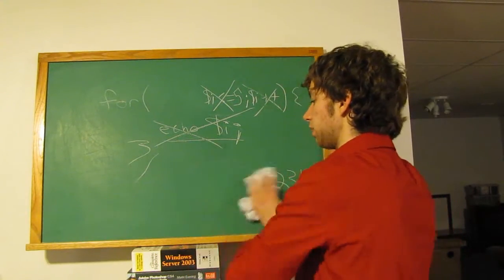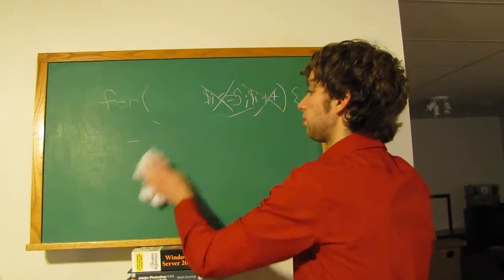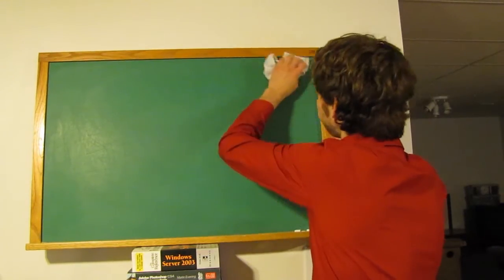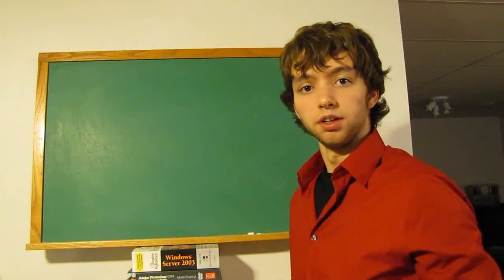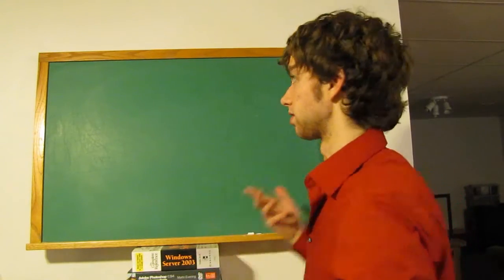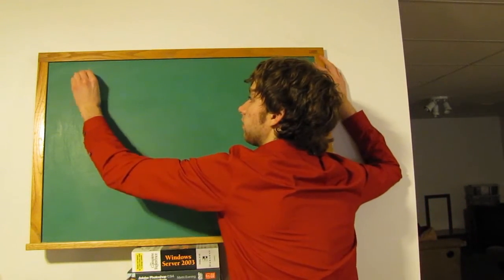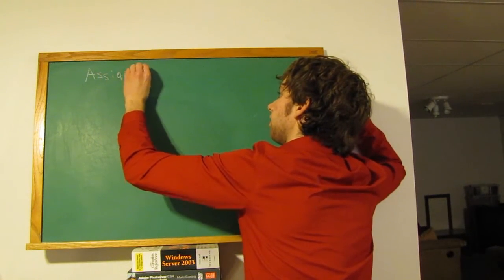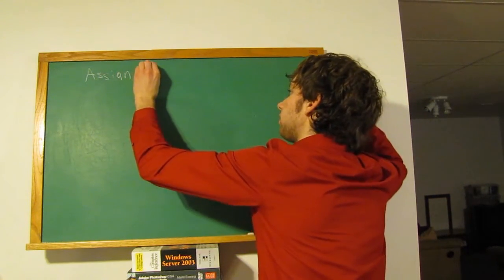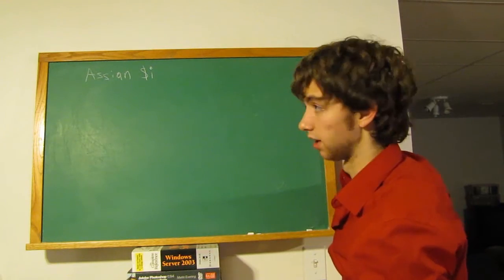And although I made it pretty complicated and walked through each step, basically, it's going to do this. It's going to assign a value to I. That's the very first thing it does.